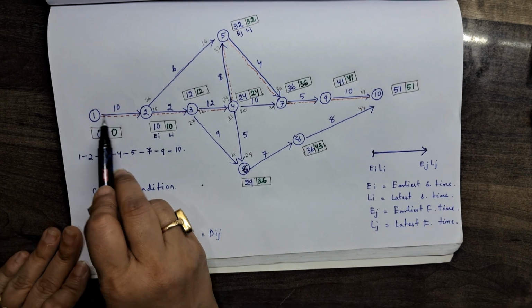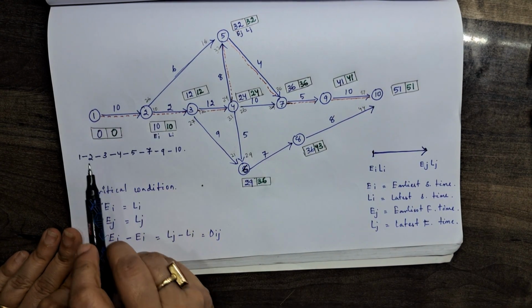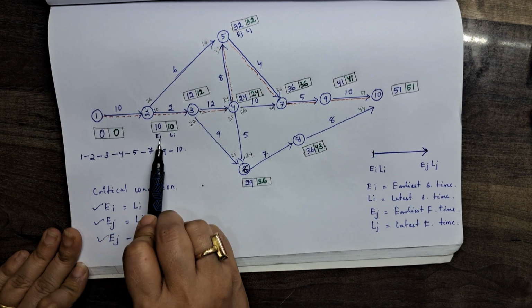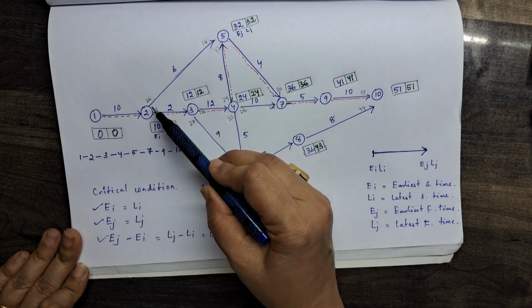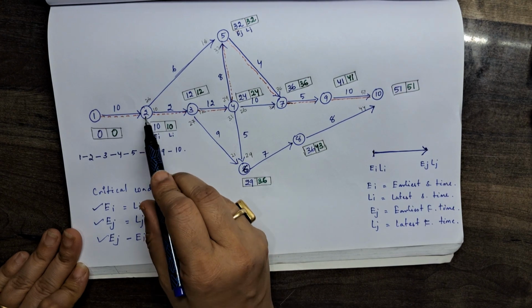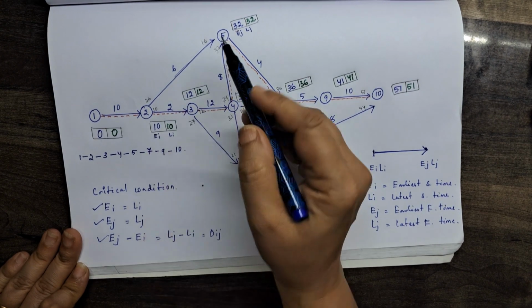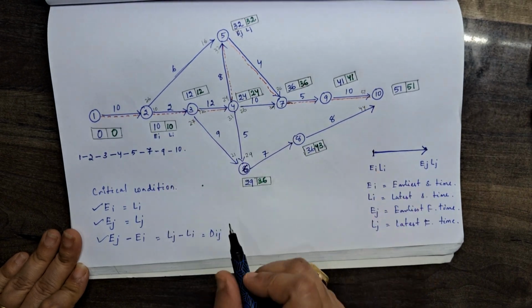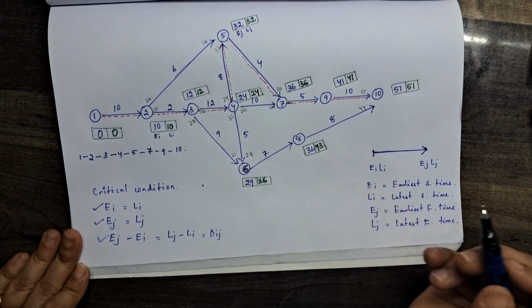If we consider 1, 2 here, this is EI, LI, EJ, LJ. If we are considering 2, 5, then for node 2, EI, LI, and for 5, EJ, LJ. Like this, we will calculate the values.